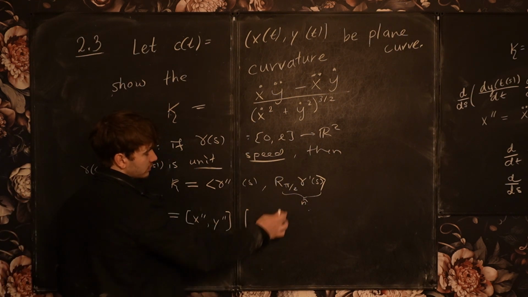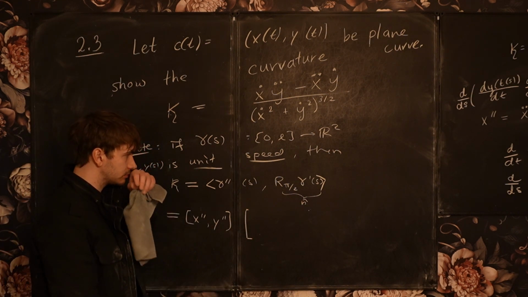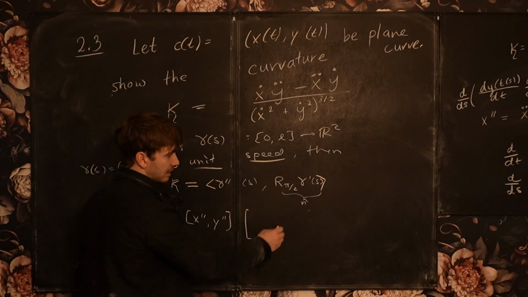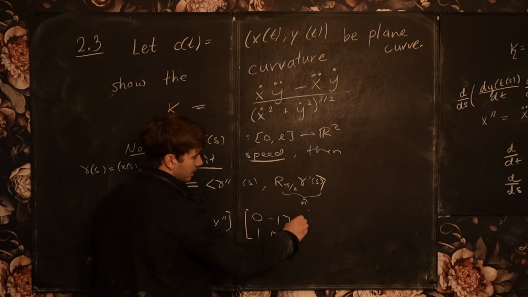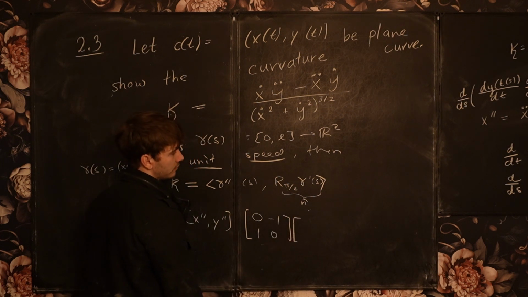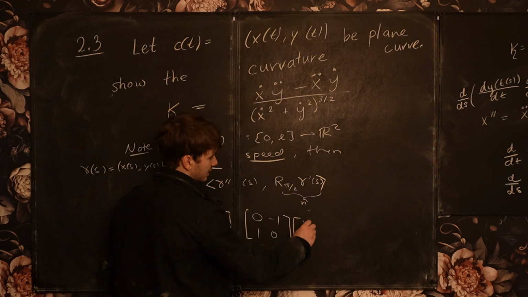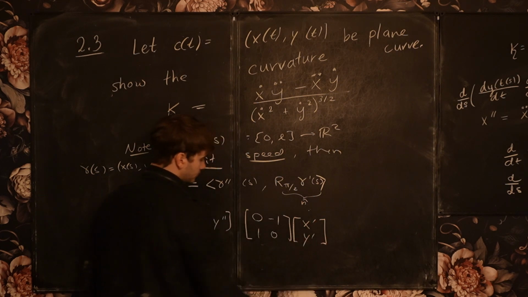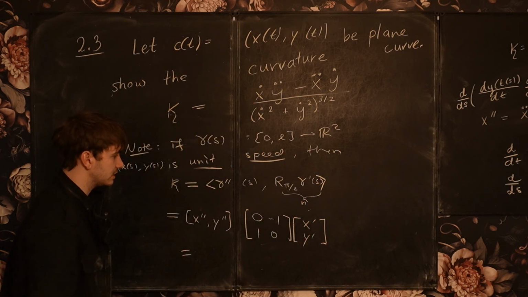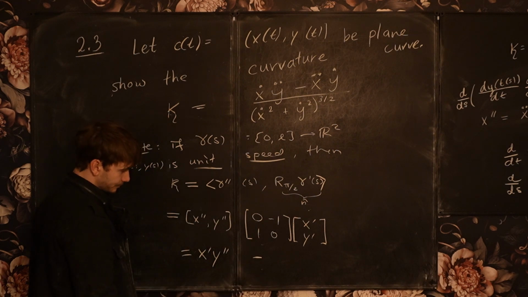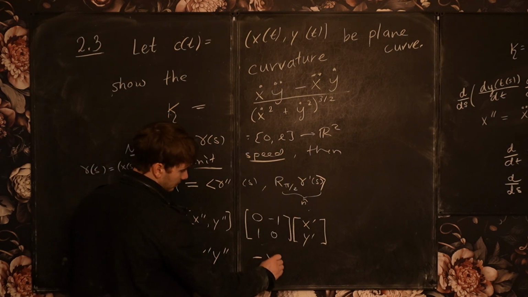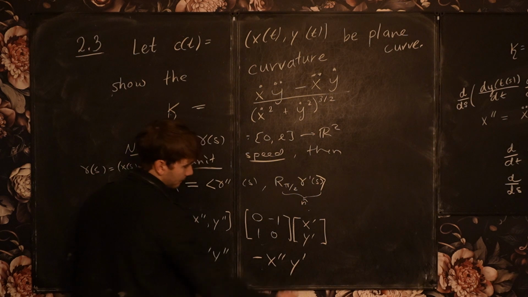And then here we rotate this, so we take a rotation by pi over 2 counterclockwise, that's this matrix here, and we rotate the vector gamma prime, which is just x prime, y prime. Okay, so what this gives us is x prime, y double prime minus x double prime, y prime, okay?